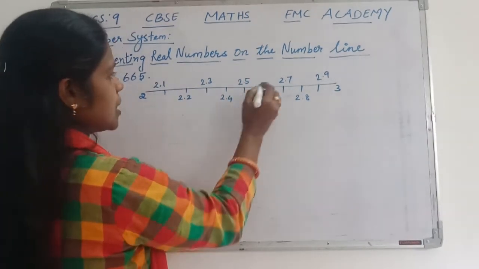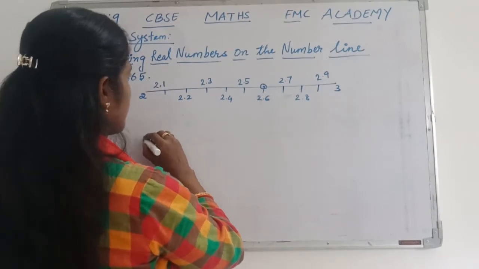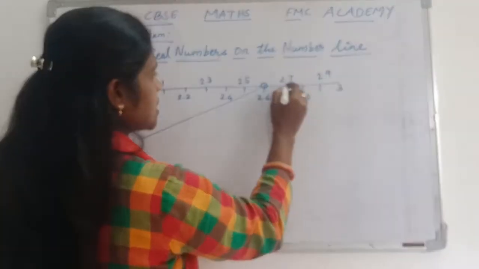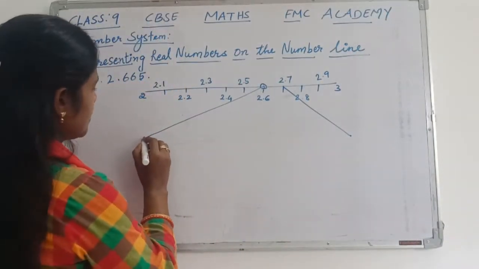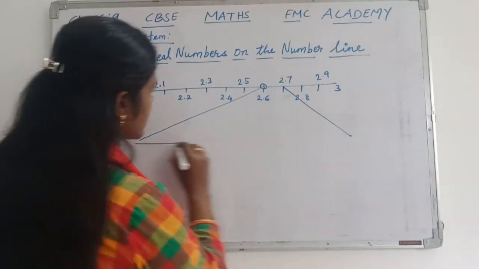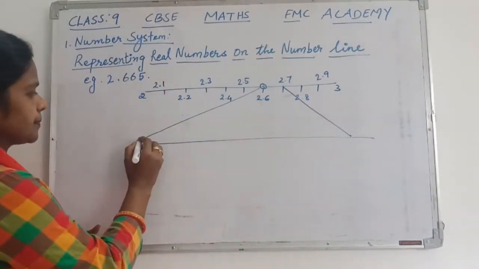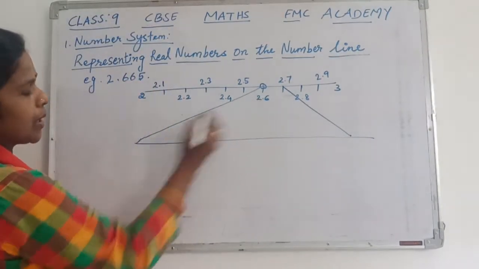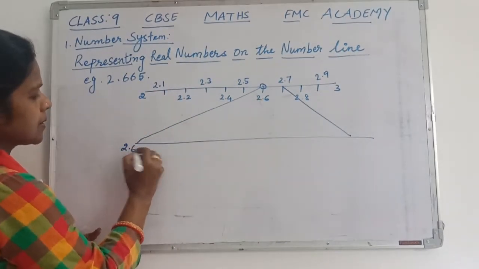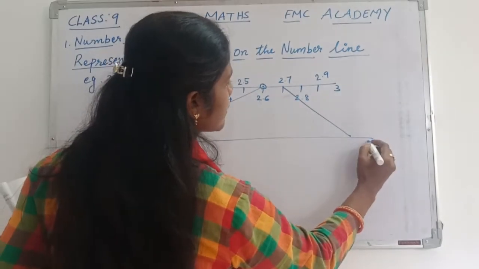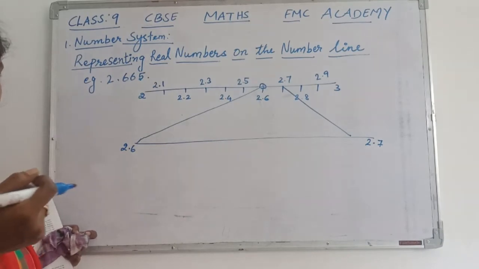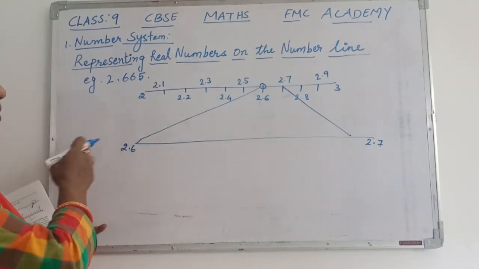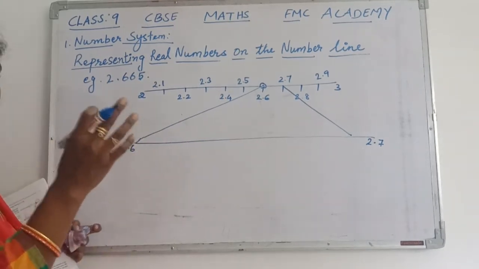So I take 2.6 and 2.7. In the same way, between these two also we make 10 equal parts. Here I am taking 2.6, and here I am taking 2.7. Between these two again you are going to magnify. Magnify means between these two there are 10 equal parts.